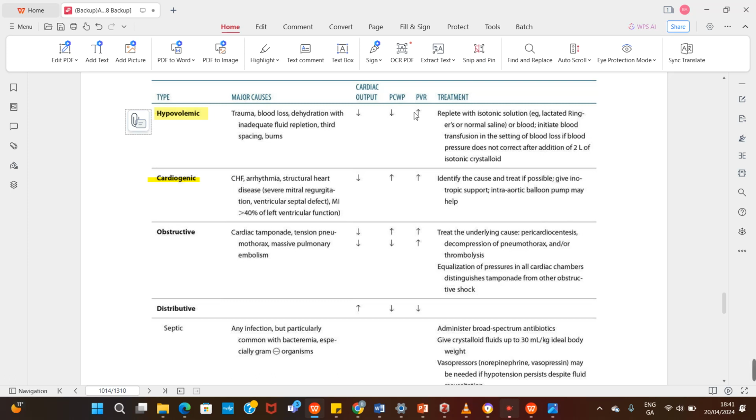But if there is a situation of increased cardiac output, the mixed venous oxygen saturation is going to be increased because you have a lot of fluid being pumped to the tissues. That is going to deliver more oxygen.